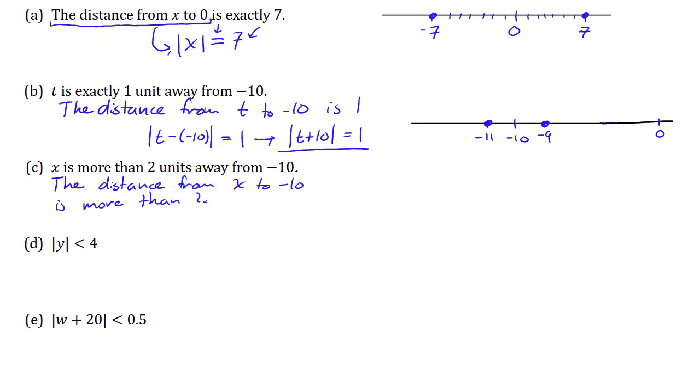That's going to look like, writing it in terms of absolute value, the absolute value of x minus negative 10, which you could just write as x plus 10, of course, is more than 2. Looks like that.